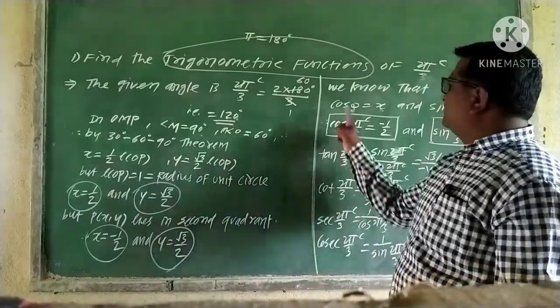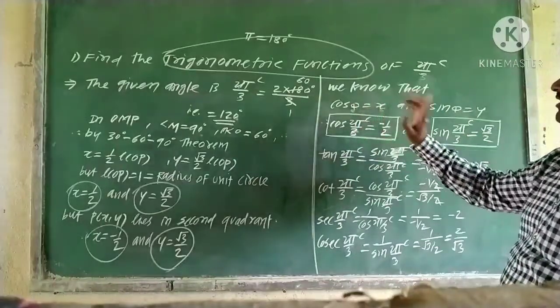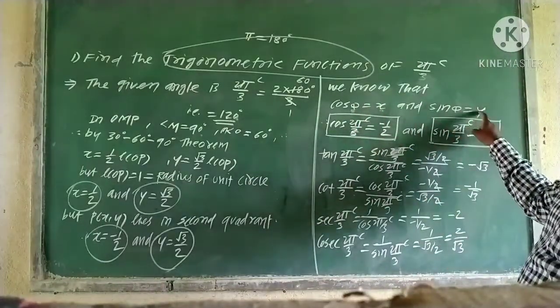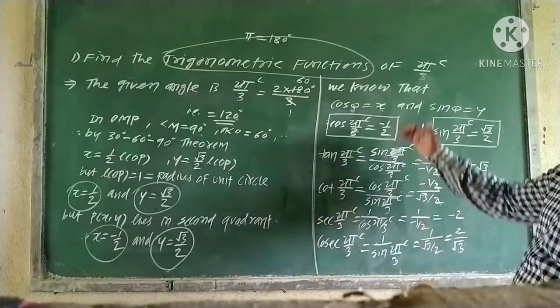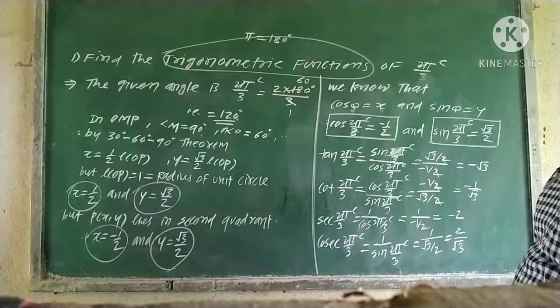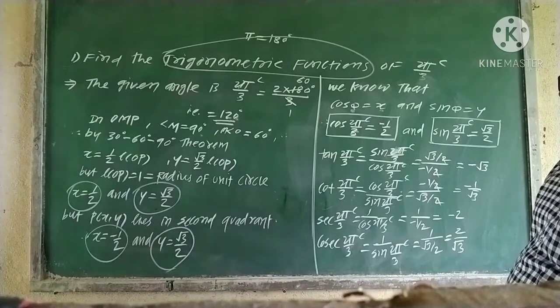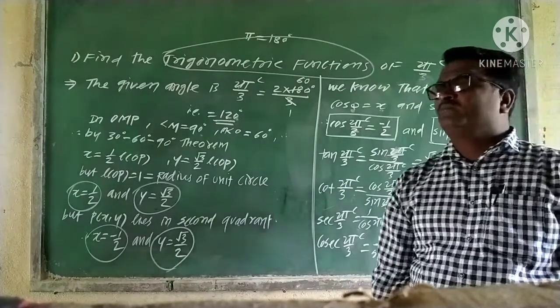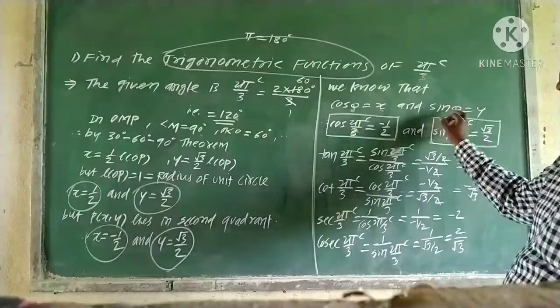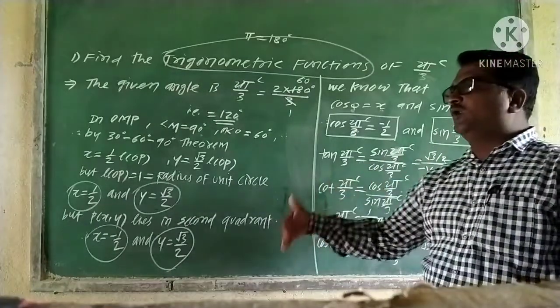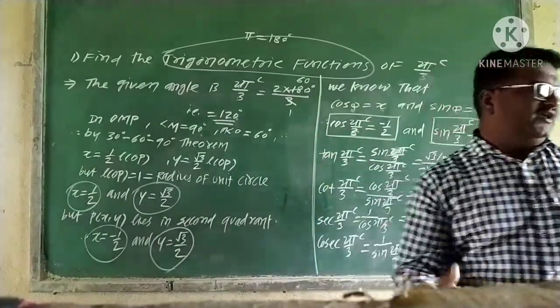Then using our basic concept that cos of theta equal to x and sin of theta equal to y, we can find the values of all trigonometric functions by using this concept and the relation between trigonometric functions. Next problem.